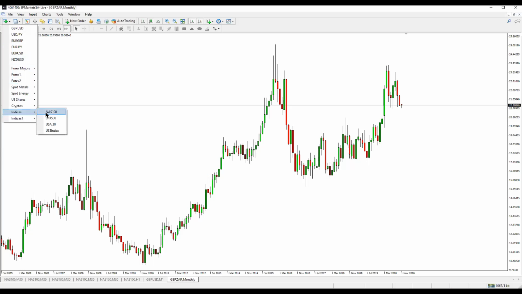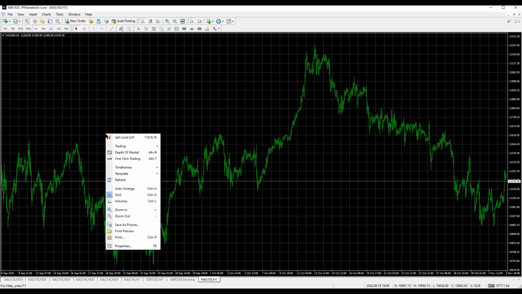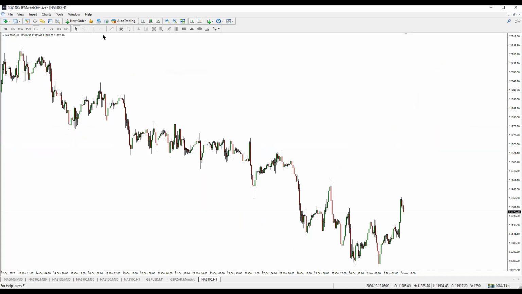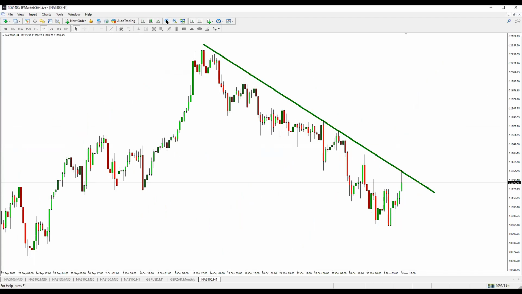When I analyze, for instance, let's say I'm going to use price action just for example's sake, I look at all time frames. Let's say this is the 4-hour. What you can see here is this is resistance and this is resistance.